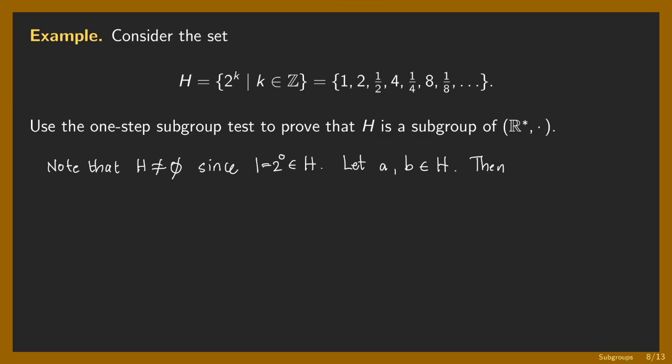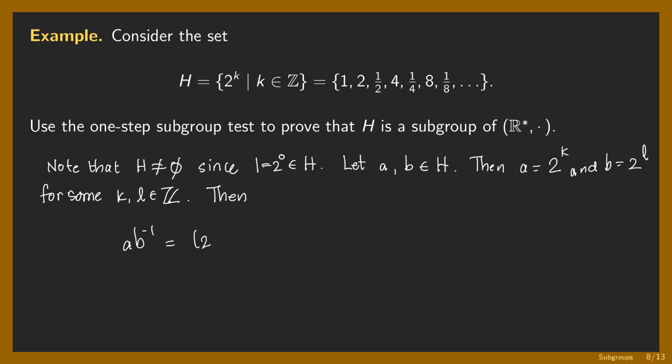Now, because the elements of H are integer powers of 2, I can write A as 2 to the K, and B as 2 to the L for some integers K and L. Then I wanted to compute AB inverse because I wanted to show that AB inverse is another element of H.